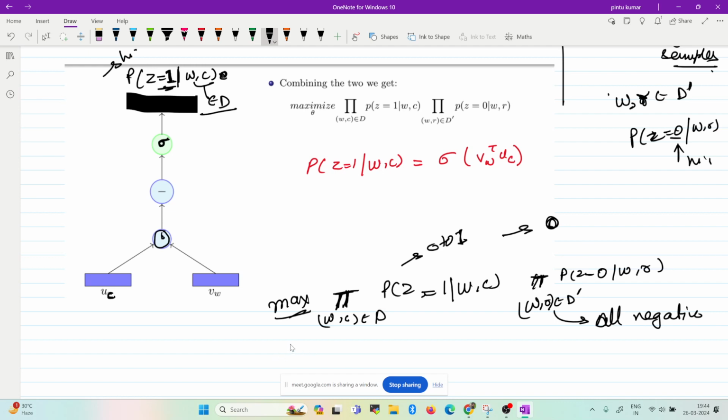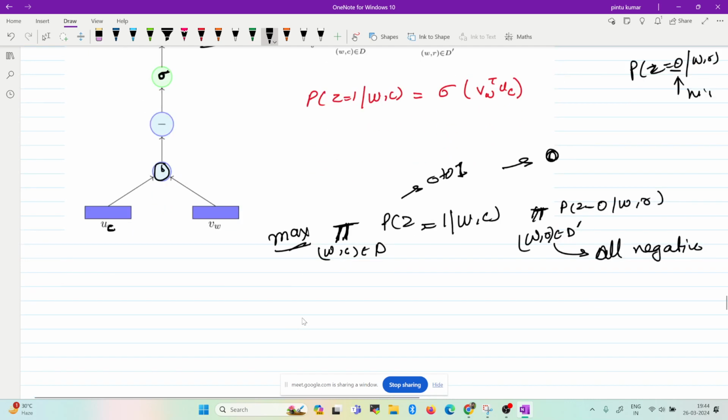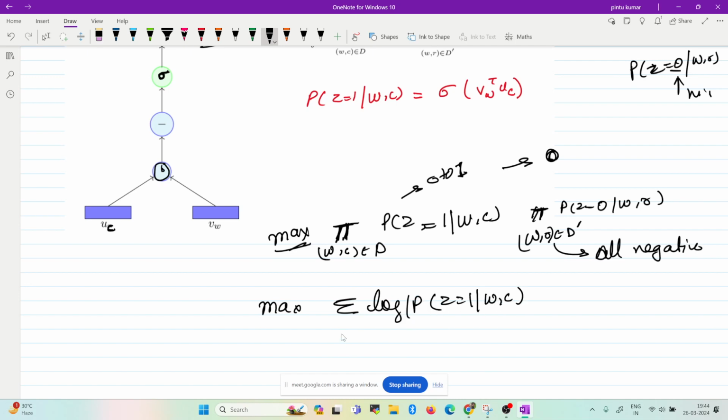So rather than maximizing this product, people maximize the log of this product. You would be maximizing the summation of log of probability of Z equal to 1 given WC if W comma C belongs to D, plus the summation over W comma C belonging to D prime of log of probability of Z equal to 1 given WC.